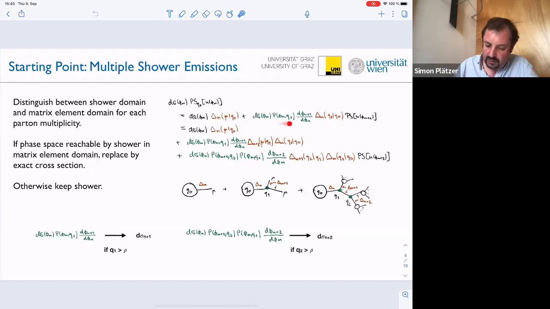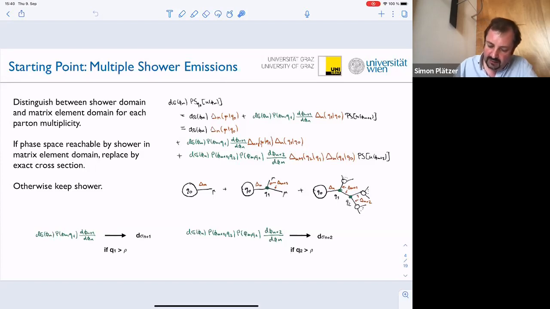And now we have written down something which is inclusive over all subsequent jet multiplicities. That's a very important concept in this context, because we let the parton shower freely act on that higher multiplicity.